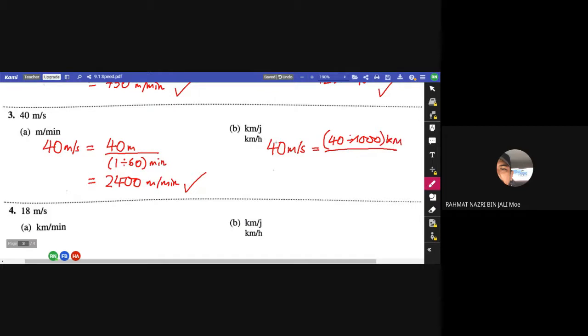Then from second to hour, we have to divide it by 60 and 60.